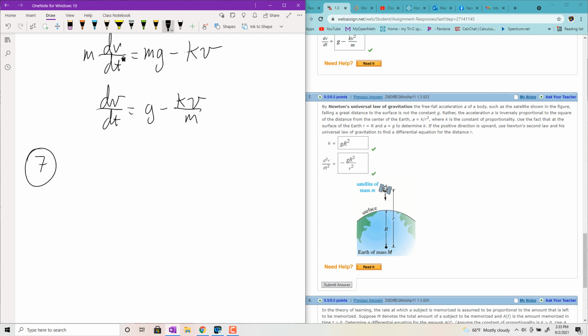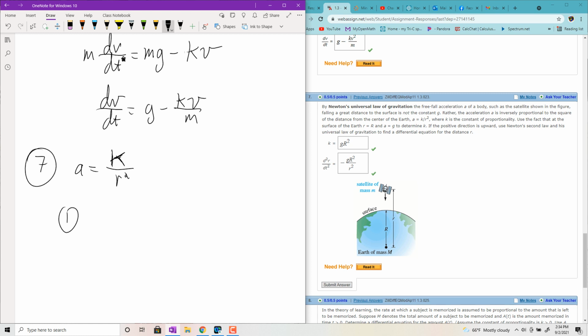Okay, so rather than have the acceleration just equal to g, we're going to say the acceleration is inversely proportional to the square of the distance from the center of the Earth. So they give you this formula for a, which is k all over r squared. And the first question, in the first box, they want you to use the fact that at the surface of the Earth, r equals big R and a equals little g to determine k.